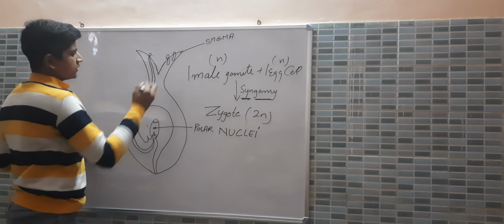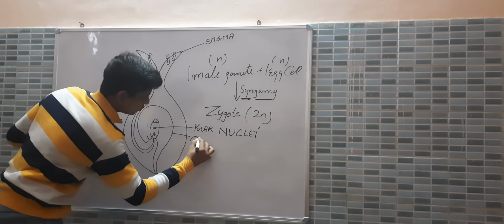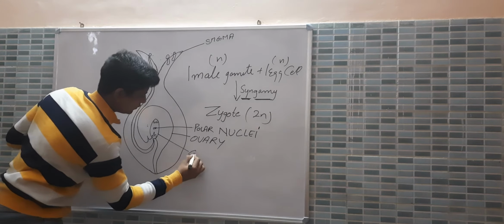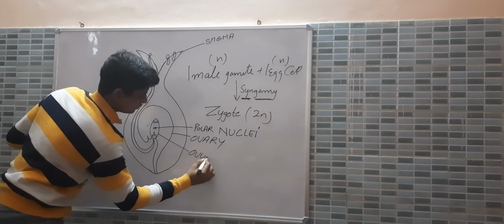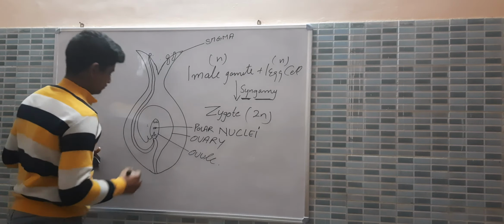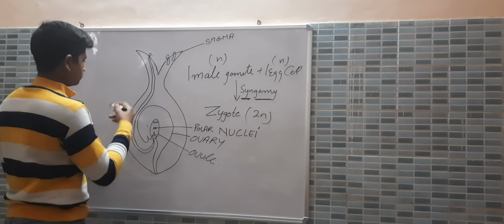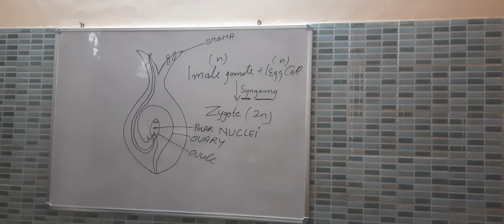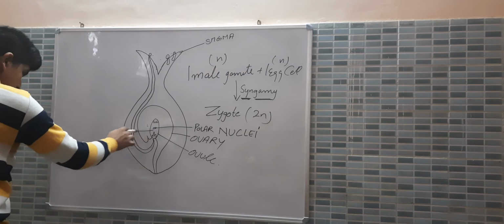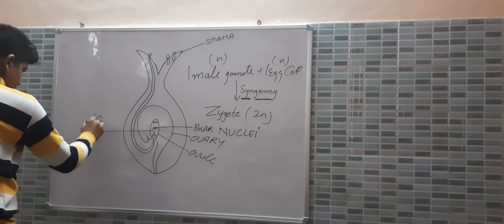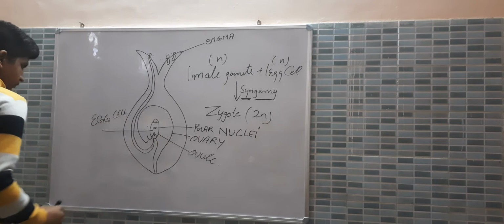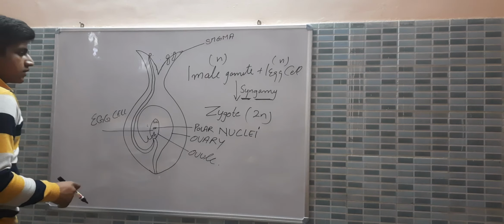This part is called stigma, ovary, ovule, and this whole part is the egg cell. There you can see that.